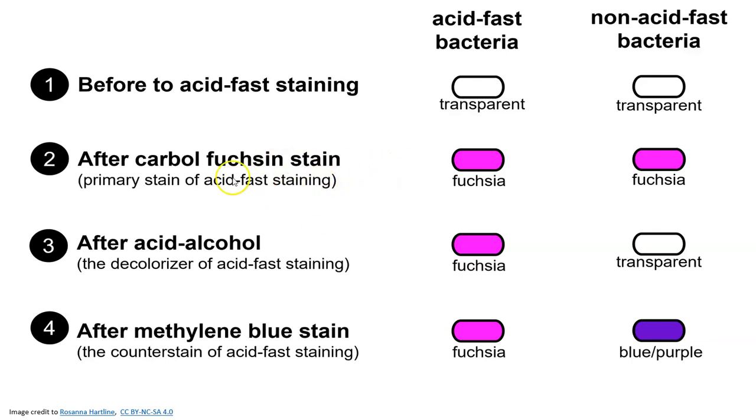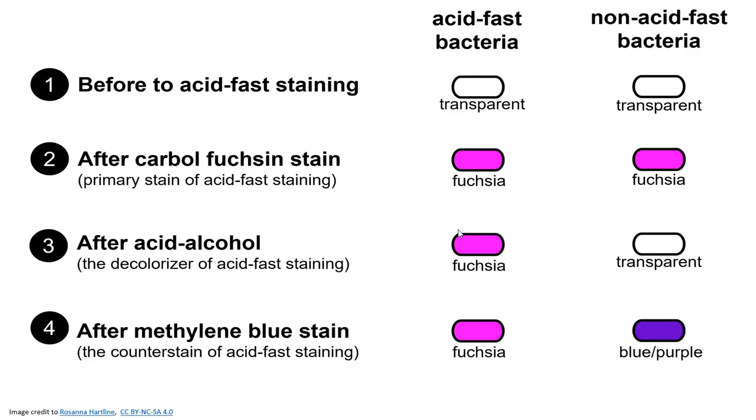Then you'll rinse with water, and the next step is the decolorization step, which with acid-fast staining you do with acid alcohol. We use the same technique where we add one drop at a time on the slide while holding it at an angle so we can watch the drops run until they turn transparent. When we rinse with the acid alcohol, if the bacteria are acid-fast positive, they will stay pink.